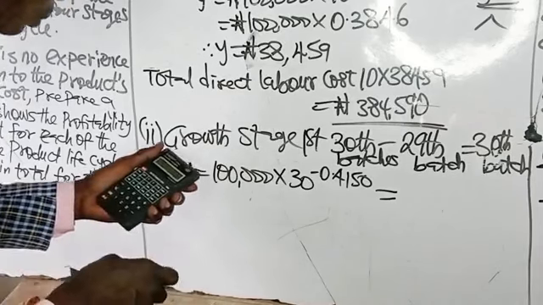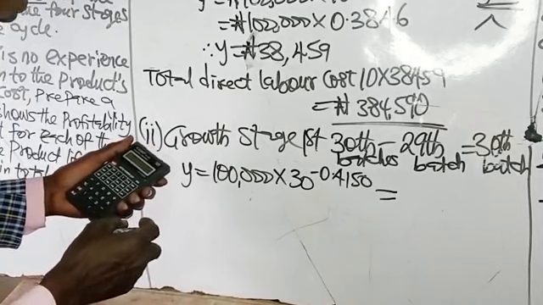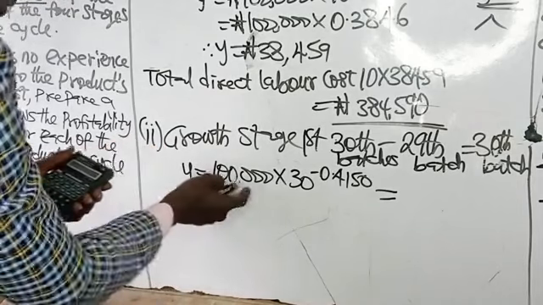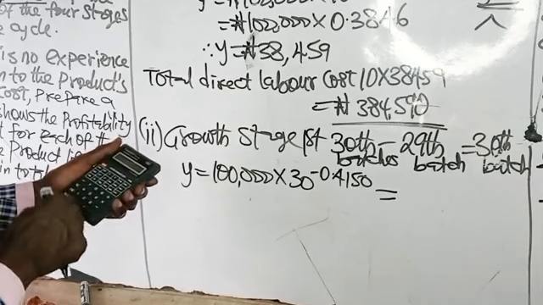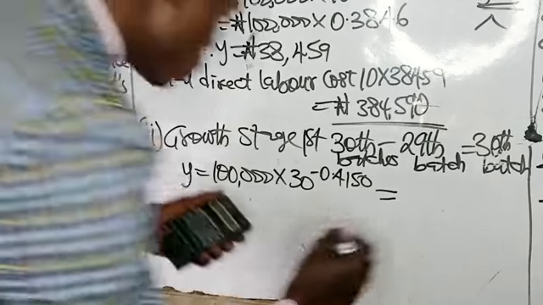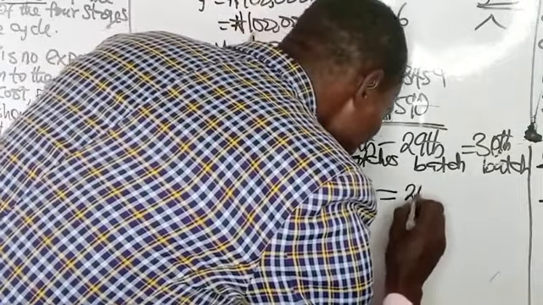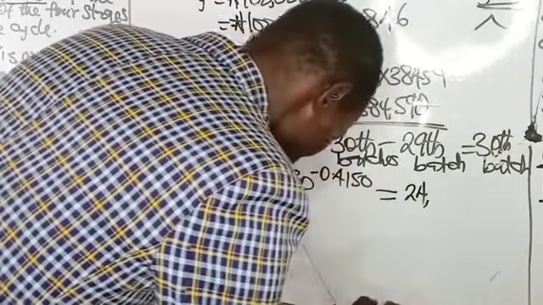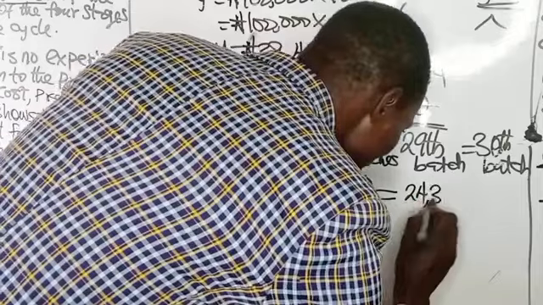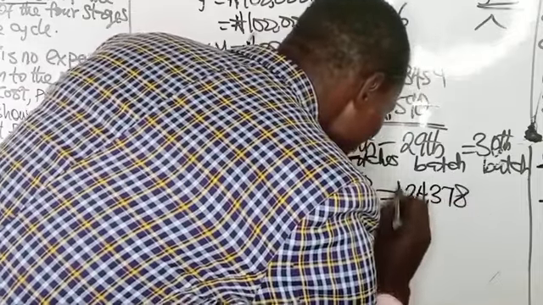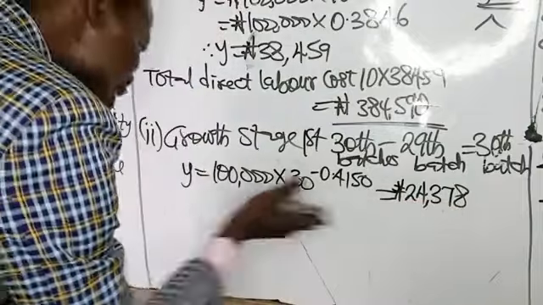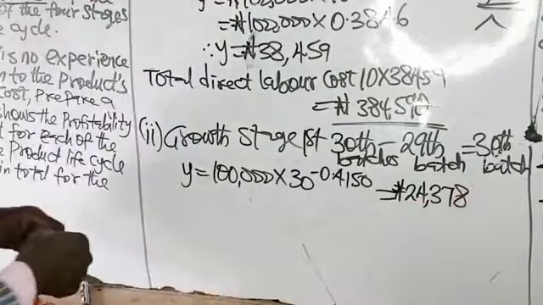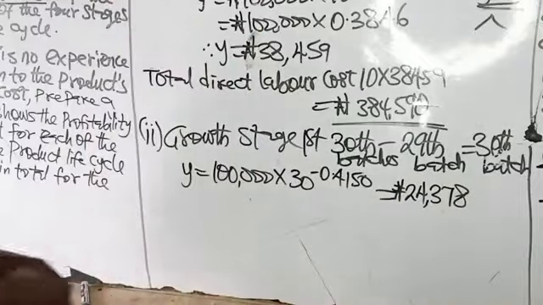That gives us 0.2438. If you multiply by 100,000, then we have 24,378. This is the average cost of the first 30 batches, that is from 1 to 30.